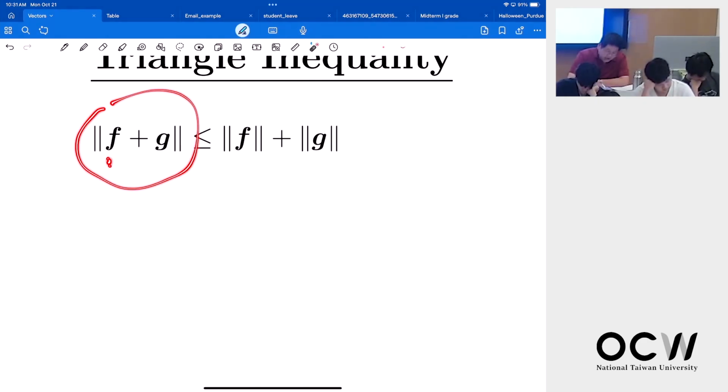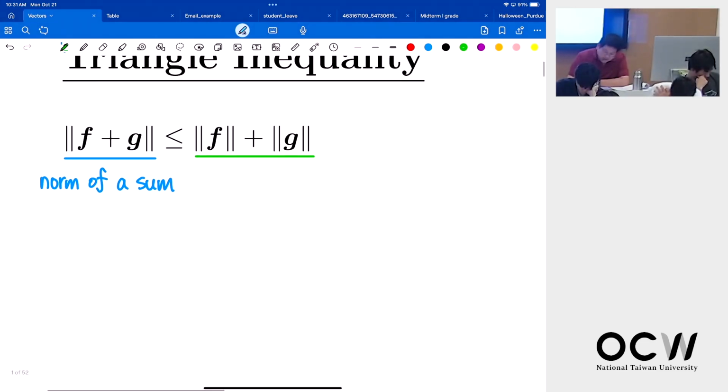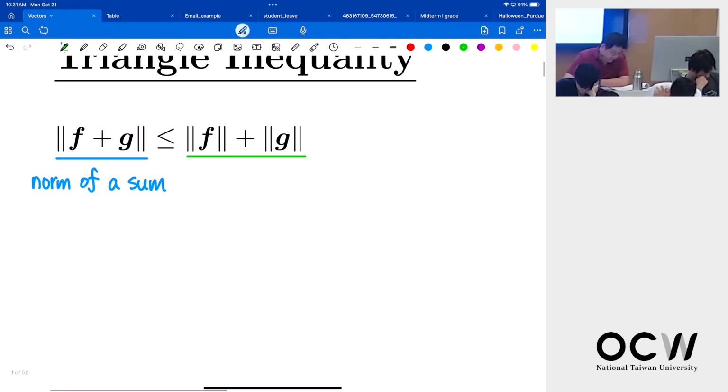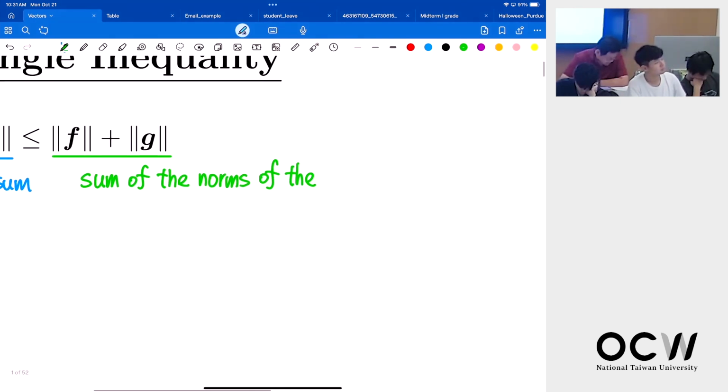This is the norm of a sum, and here is the sum of the norms of the individual vectors.